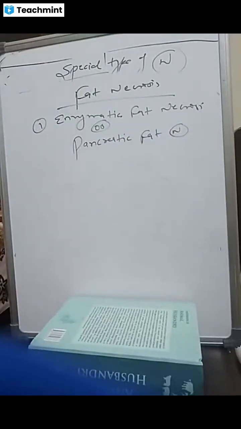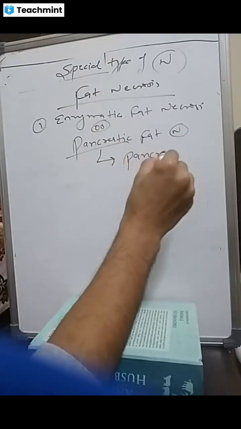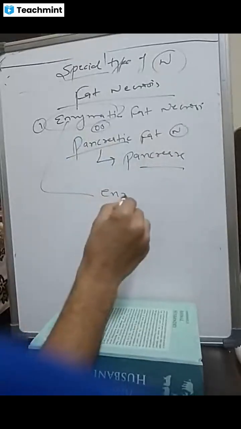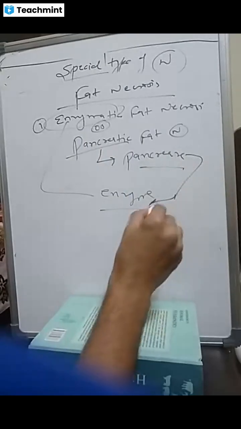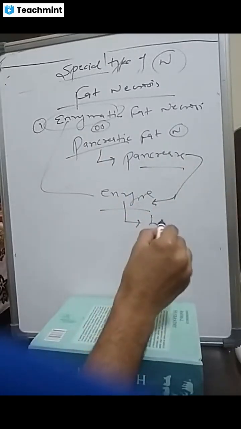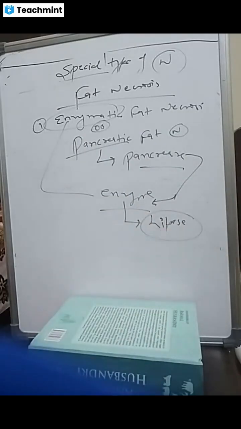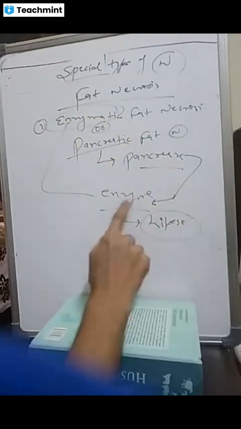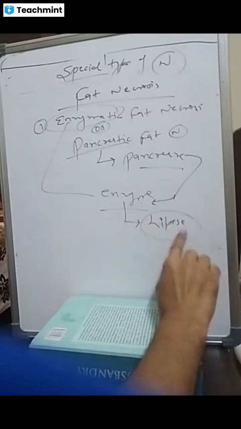It means there is a role of pancreas, a role of enzyme. Which enzyme? Pancreatic enzyme. And the name of the enzyme? Lipase. So whether it is enzymatic or pancreatic, the pancreatic enzyme involved is the lipase. So the whole focus will be about the lipase.